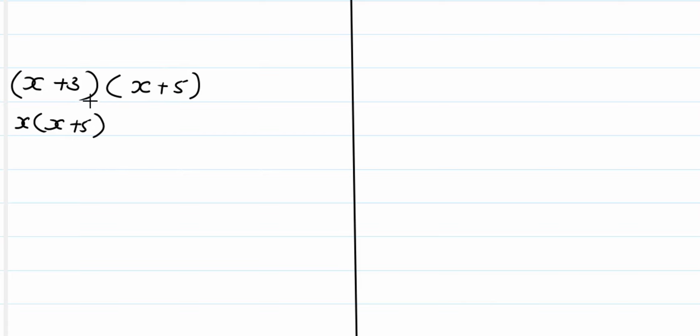Then again, take 3, and because 3 here is positive, I'll say plus 3, then multiply again with all the variables inside the second bracket. So it's x plus 5 again, like that.